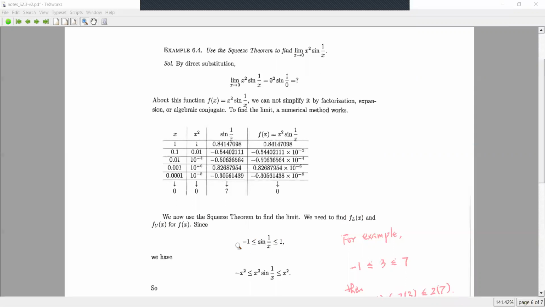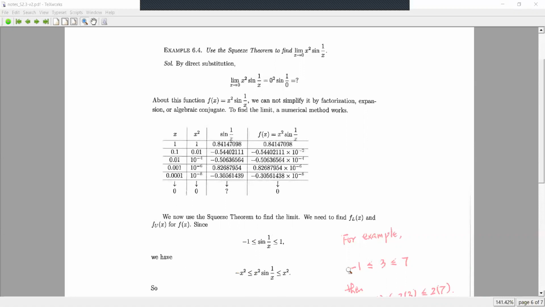Now I multiply -1, sine of 1 over x, and +1 by x squared. X squared is a positive number. Then we have these two inequalities.